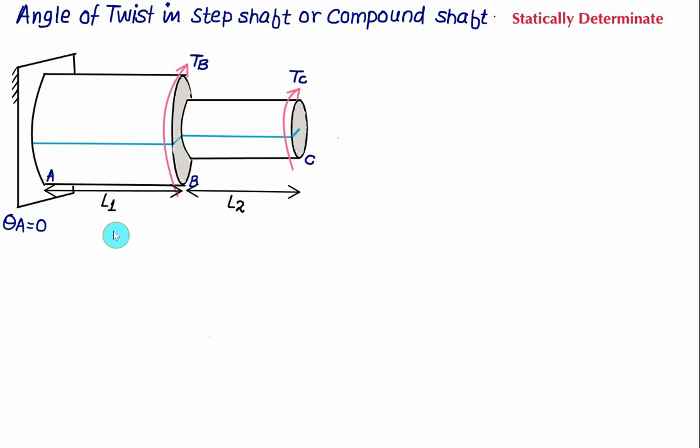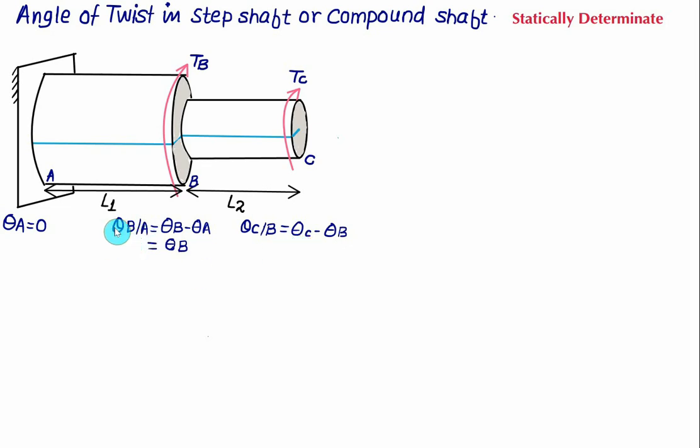Theta B we can find with respect to A. Theta B with respect to A will be equal to theta B minus theta A. In this case the value of theta A will be 0, so theta B with respect to A is the same as theta B. Then we calculate the total deformation of C with respect to A. First we calculate the total deformation of C with respect to B, which will be equal to theta C minus theta B. Theta B we know from the previous equation. We'll substitute it here and we can calculate the total value of theta C.